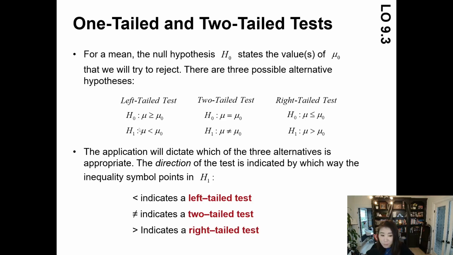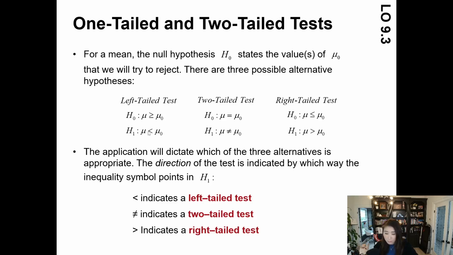And then H1 will be the complement event. Since H0 is mu larger than or equal to mu0, the complement event will be anything on the opposite side, so it's mu smaller than mu0. We call this first group here the left-tailed test.